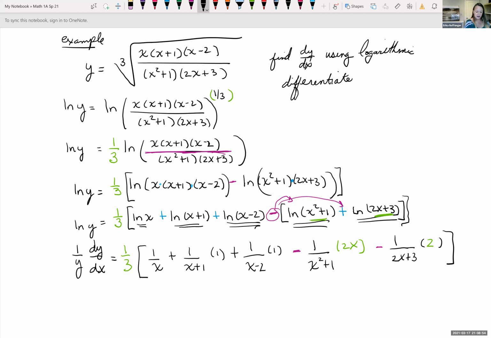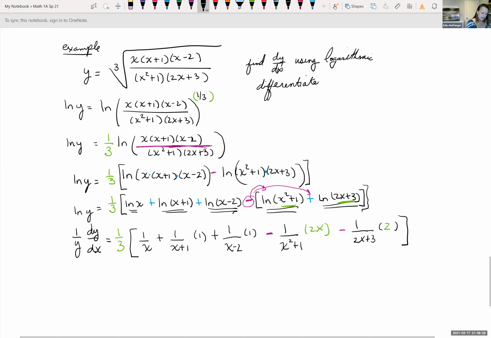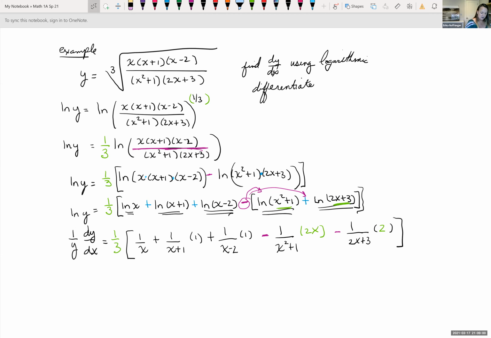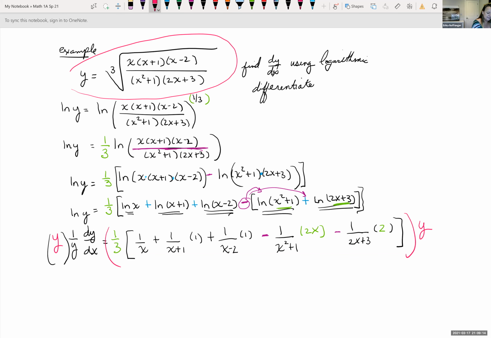And we're almost there. They might want you to get common denominators, I'm not sure. But the only thing that I see now, we want dy dx by itself. Let's multiply both sides by y. And when I write y on the right-hand side, I'm going to use what y is in terms of x.